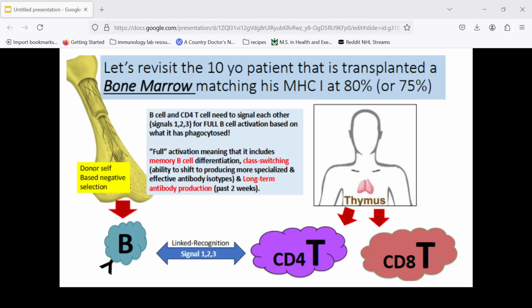Depending on what type of tissue is donated, we're going to have an immune system that matches either the donor or the recipient. So when we're looking at a transplant question, our first question is where is the immune system coming from?